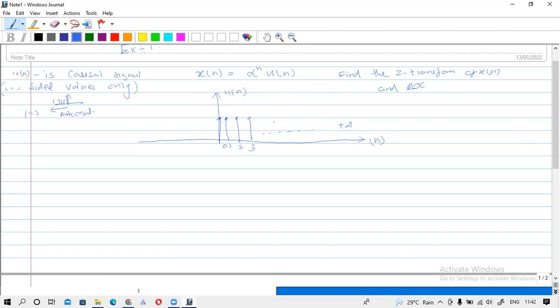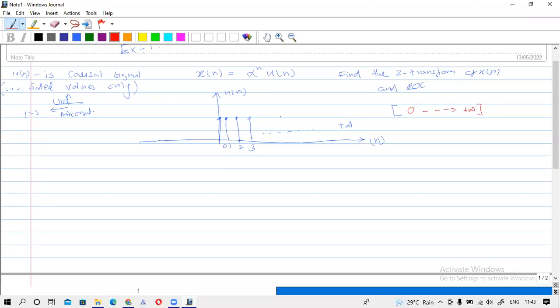In u[n] you have been given a restriction that n goes from 0 to plus infinity. If you are given the unit step function, we know that it is defined between 0 and plus infinity.